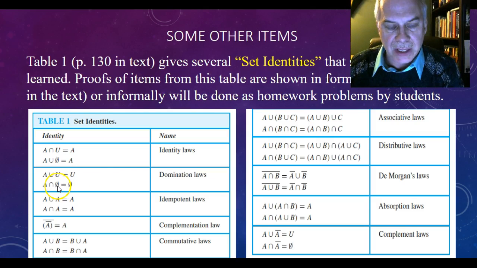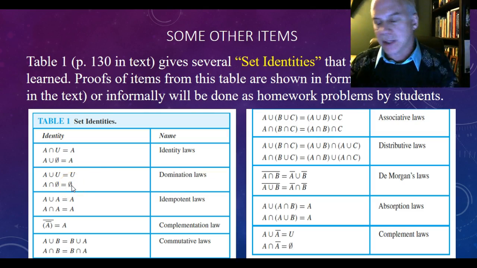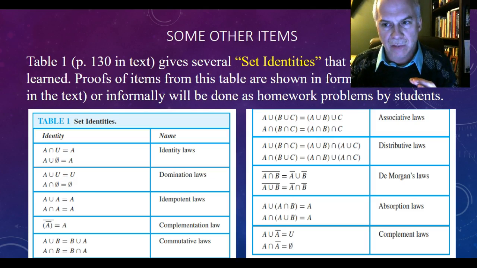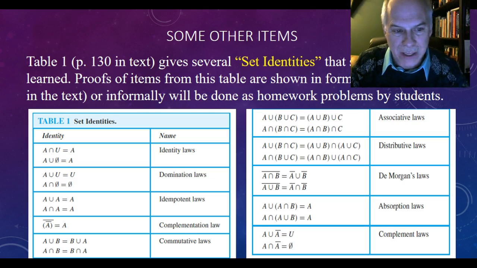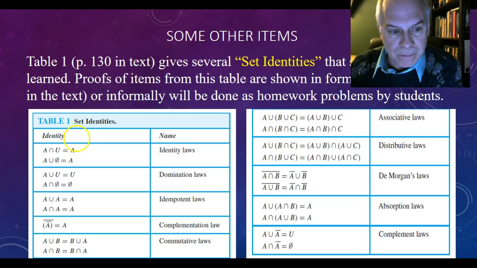Or A intersected with the empty set would be nothing, because there's nothing in the empty set, so the set of things that are both in A and in the empty set would be empty. So you can read through these laws and think about why they would be true.